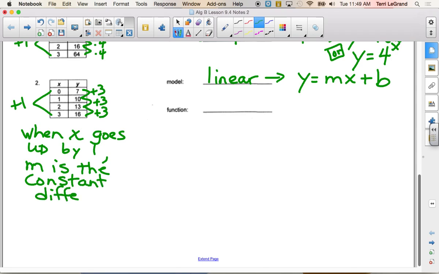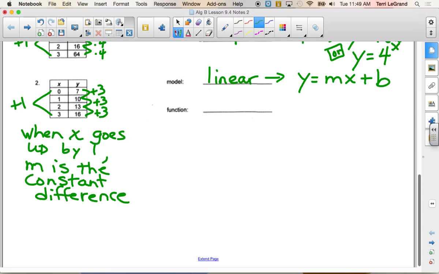So whatever is happening to y is that constant difference, that's going to become our m. That's only when x is going up by 1.